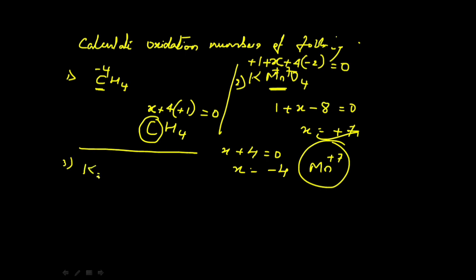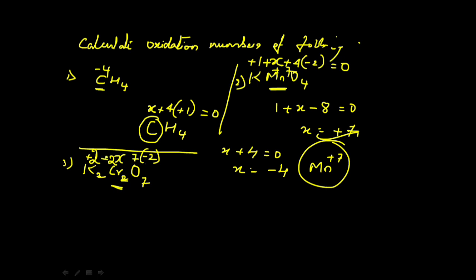Let us solve another example: potassium dichromate, K2Cr2O7. In this case, calculate the oxidation state of chromium. I will take the oxidation state of chromium as X. Since there are 2 chromium atoms, I will put 2X. Potassium exhibits +1 oxidation state, and since there are 2 potassium, 2. Then oxygen exhibits -2 oxidation state, and since there are 7 oxygen atoms, I will multiply with 7.